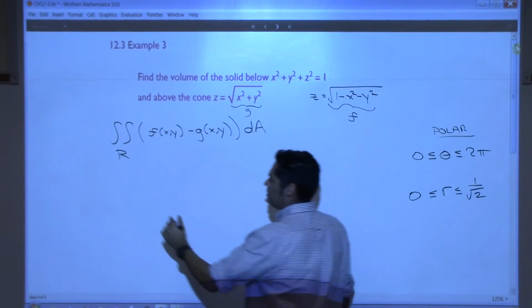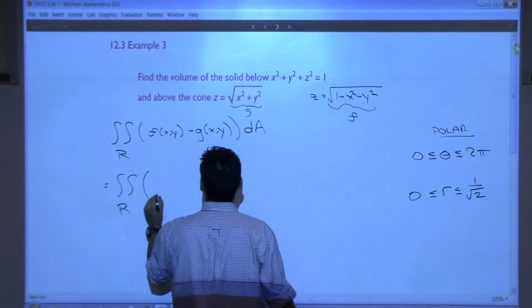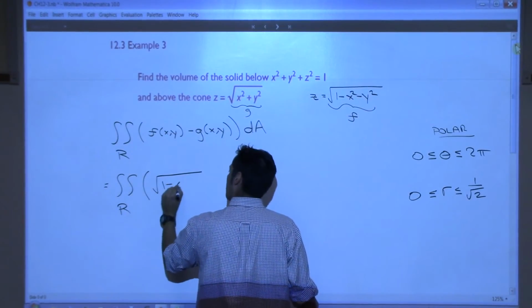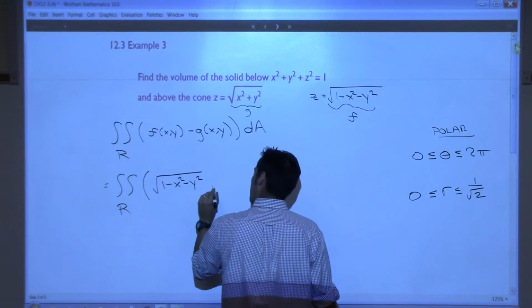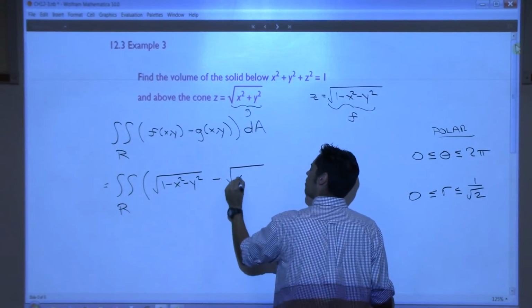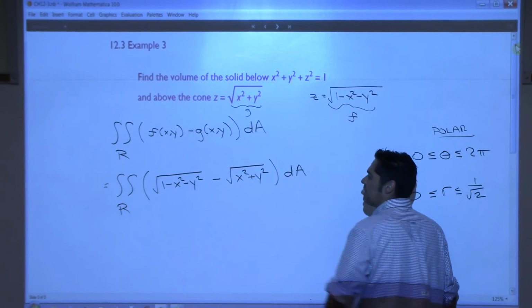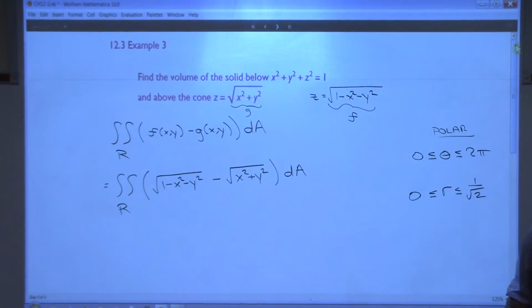So this becomes the double integral over R of the square root of 1 minus x squared minus y squared, minus the square root of x squared plus y squared, dA. That's what it would be in Cartesian.